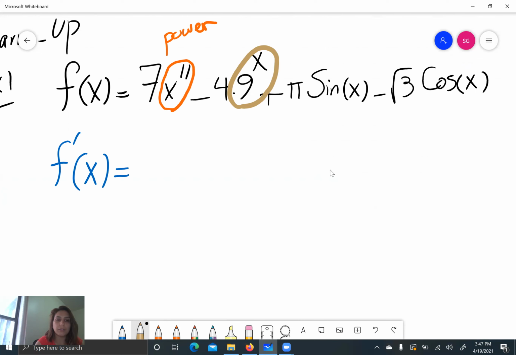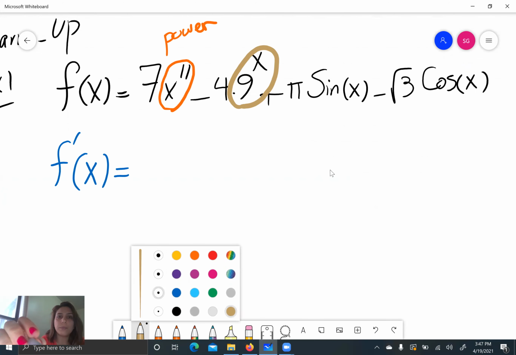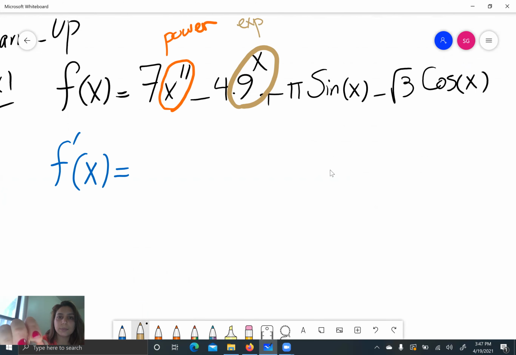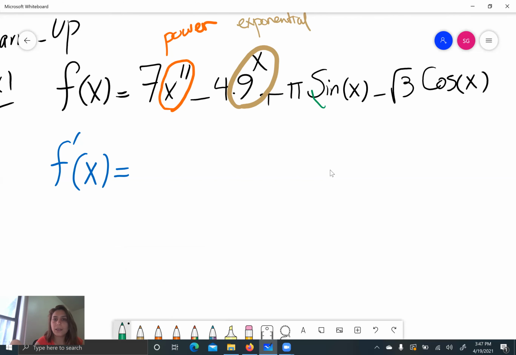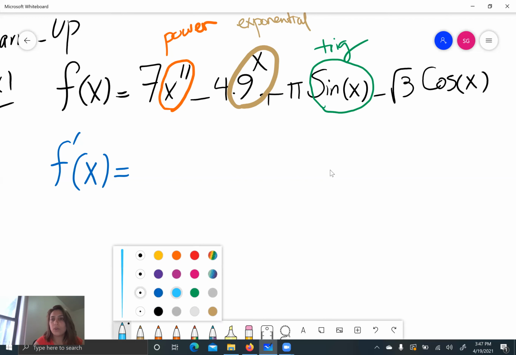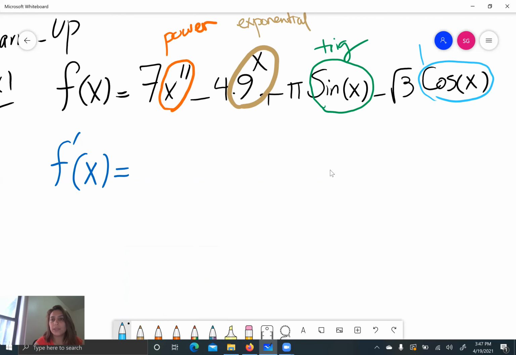This is an exponential function, 9 to the power of x. And what type is this sine of x? This is a trig function. And finally, cosine of x is also a trig function. So we have an algebraic combination of these power, exponential, and trig functions. We know how to take the derivative of each one.